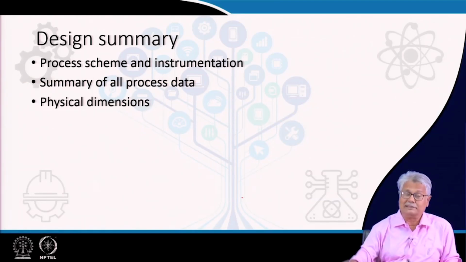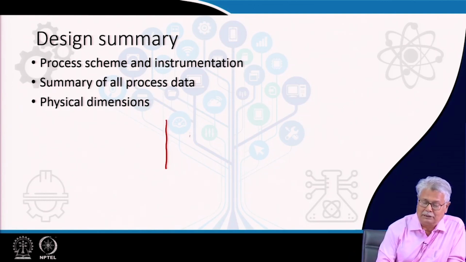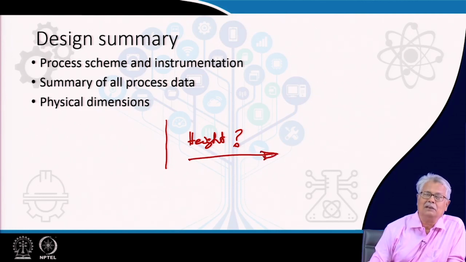There is something which is still left out. We have not found out the height. The basis of height I am just telling you here, but it will be dealt in more details when we discuss about the design of such drums, which are vapor liquid separators, which this one is practically so.